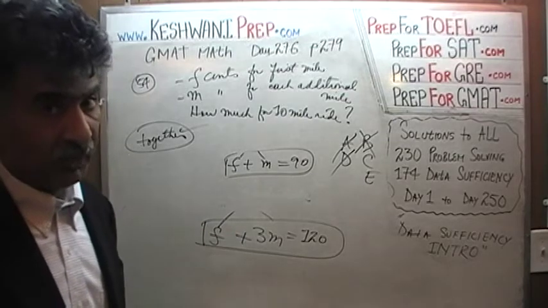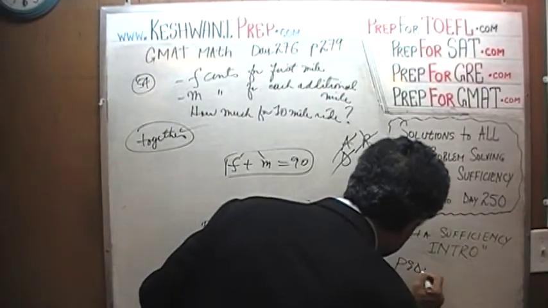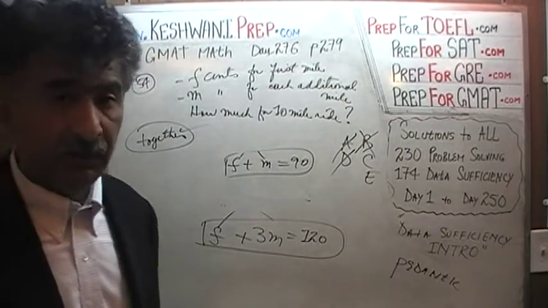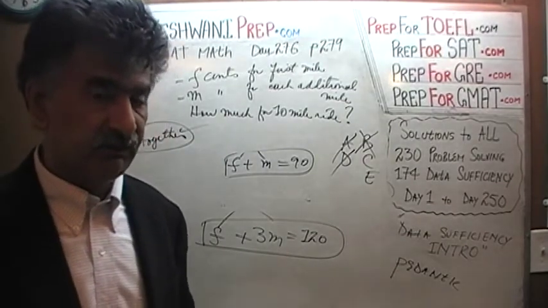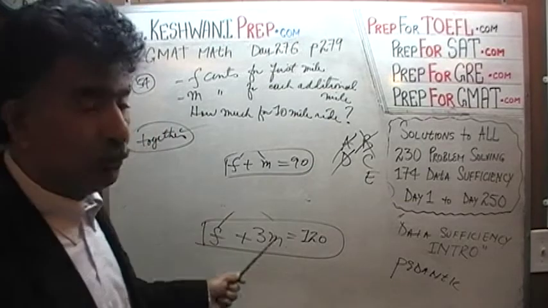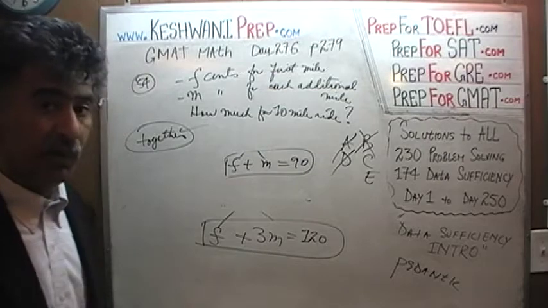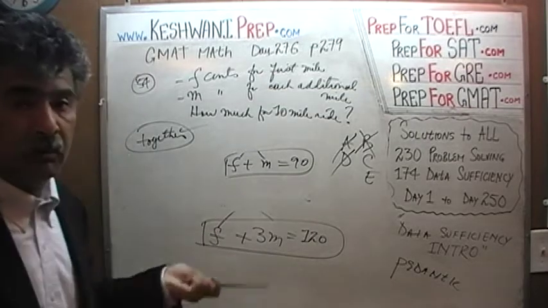Or to be more precise, if you want to be pedantic, one would say that not only do we have two equations, that's not enough. We must point out that we have 2 independent equations. And because we do have 2 independent equations, we can solve for the 2 variables. Putting them together will do the job nicely.